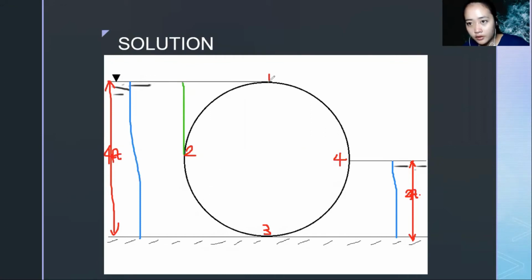At point 1, no need. So this will be the volume. To get the volume in this area, as you can see, there is a square.